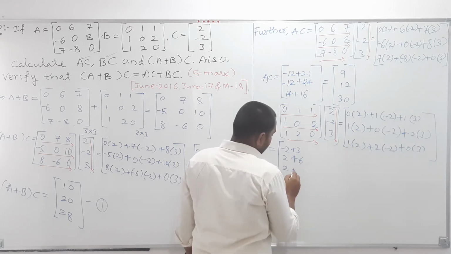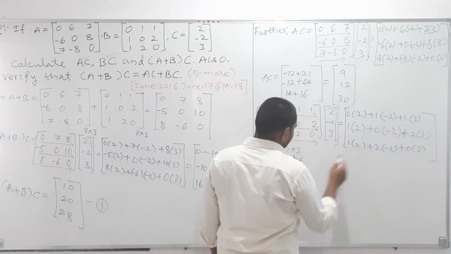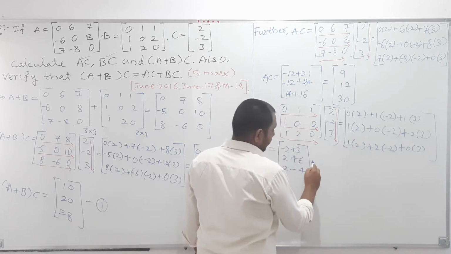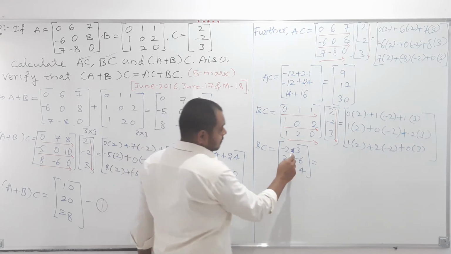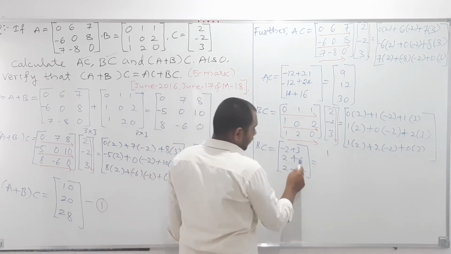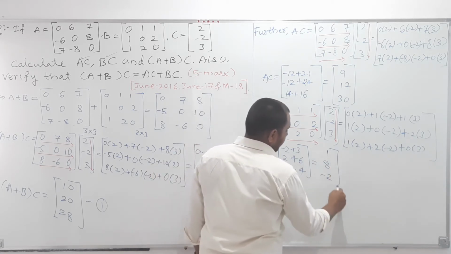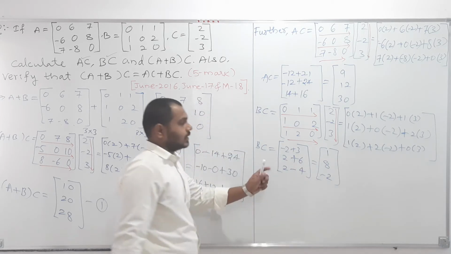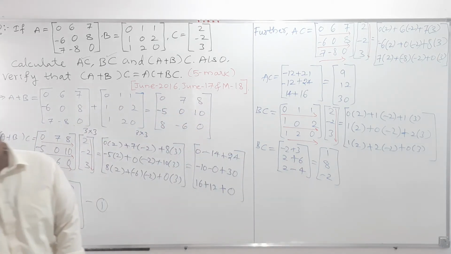Next, my dear students, 2 into 1 is 2 plus minus 2 2s are minus 4. And here it is 0 into 3 is 0. Further simplify this. Minus 2 plus 3 is 1. 6 plus 2 is 8. Minus 4 plus 2 is minus 2. This is your BC value. Clear? 1, 8, minus 2.